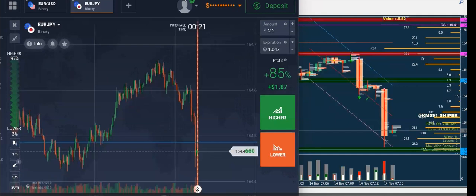Now note one thing. Here, what should your trade direction be? Down. Sell. Your trade direction should be sell. But where you should place the trade is the second point. Let the market roll back to that point, then place the trade here.